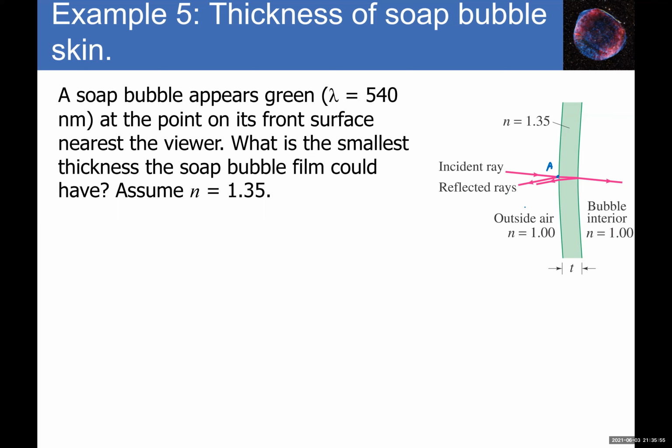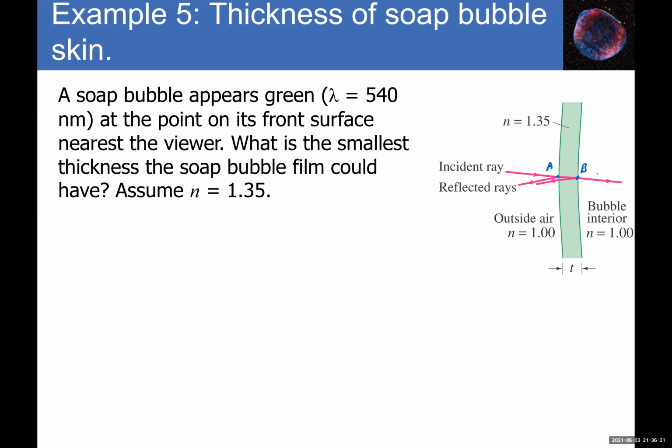Where the other one will not undergo it. That means in one case you will have it, in the other case you won't. This one at point B, for example, will not have a phase change because N2 is less than N1.